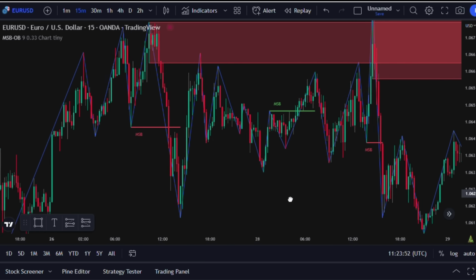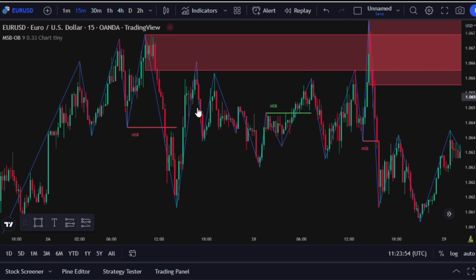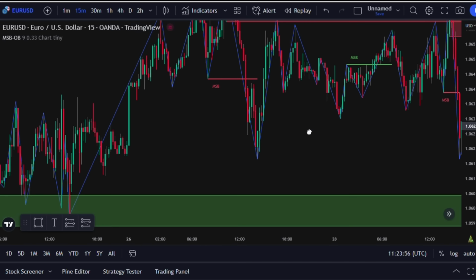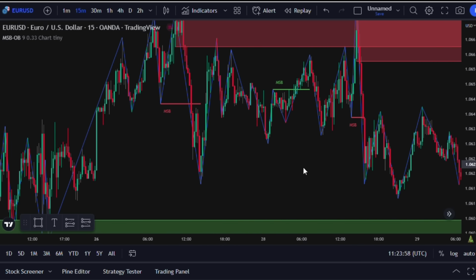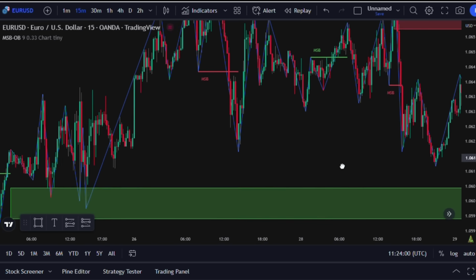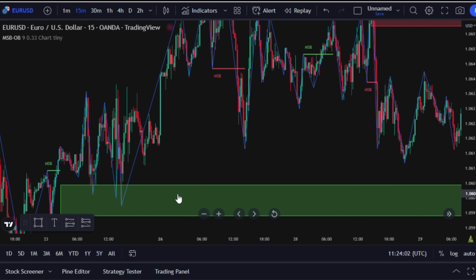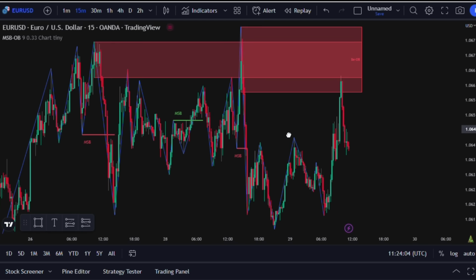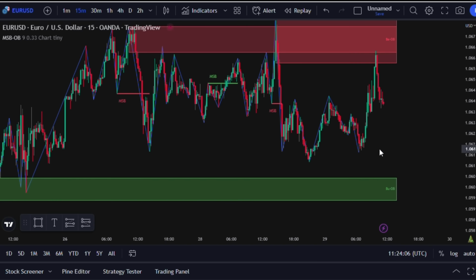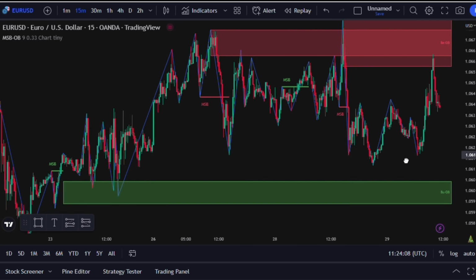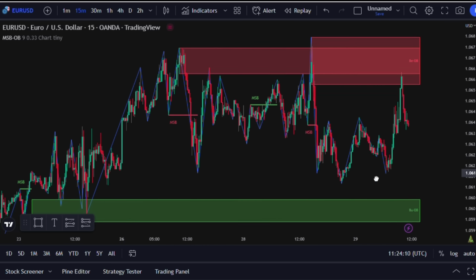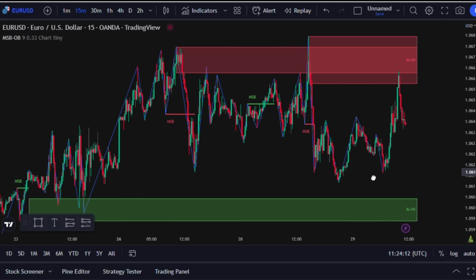This indicator also includes the zigzag patterns, which help us to easily spot the lows and highs and market structure. Finally, we have these order blocks that can be used as supply and demand zones. Traders, I definitely believe that this order block indicator is the most accurate and user-friendly indicator that I have ever seen.